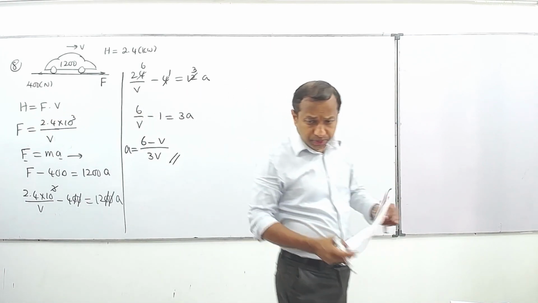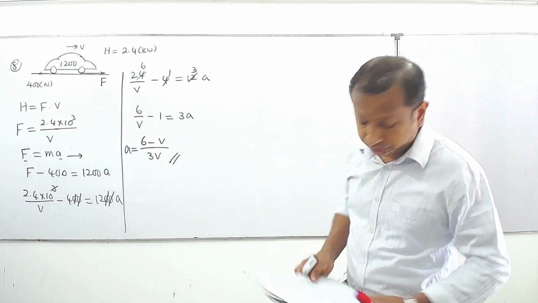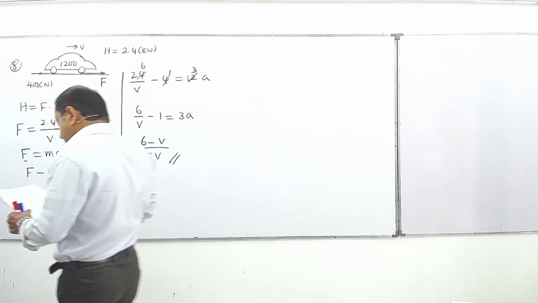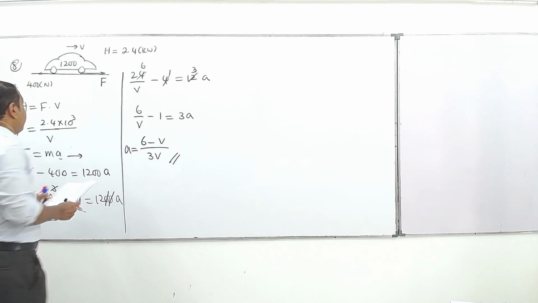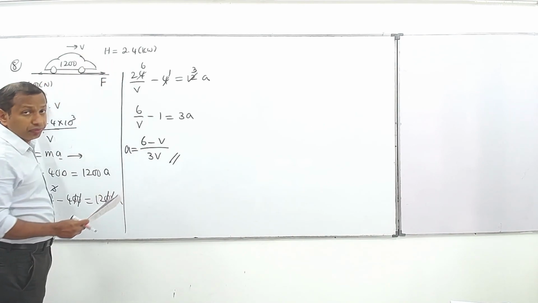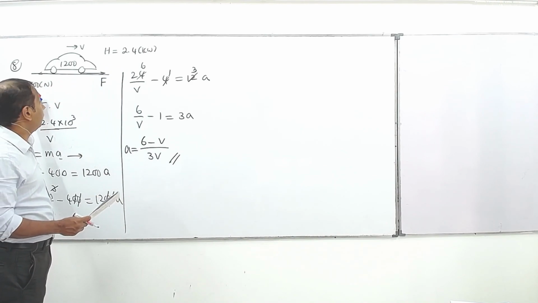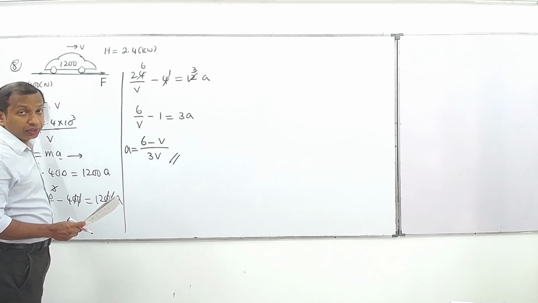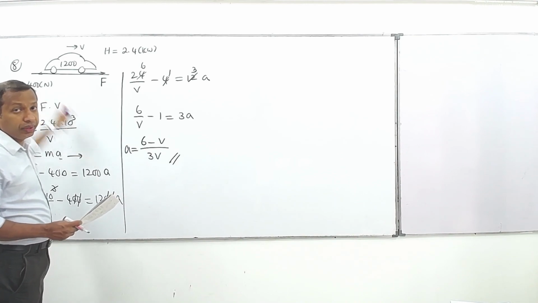Now what is asked next? Deduce the maximum speed of the car under the same conditions. Under same conditions means the same power, same resistance. At the maximum speed, the tractive force and this 400 should be equal, acceleration 0 at the maximum speed.